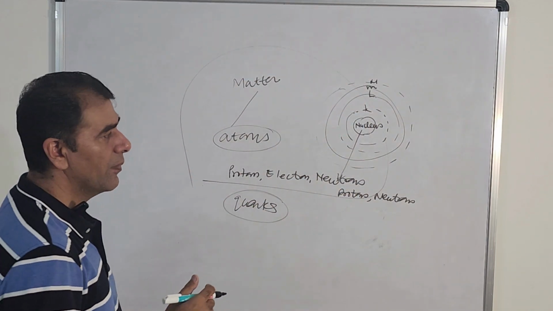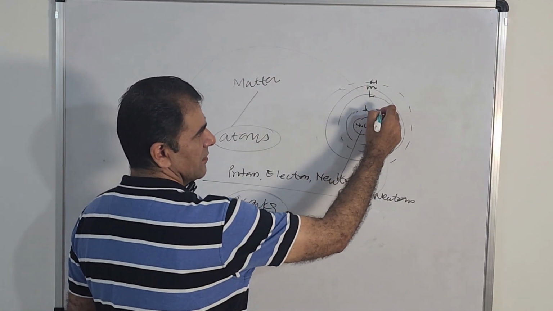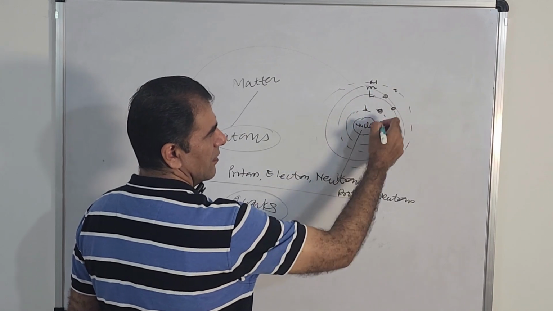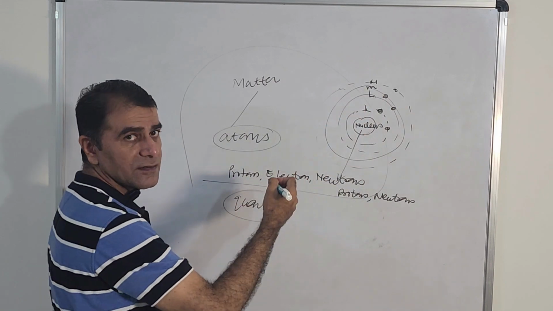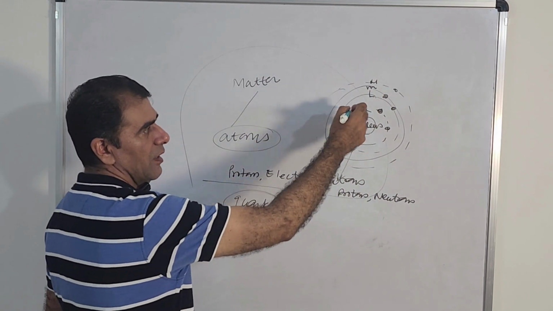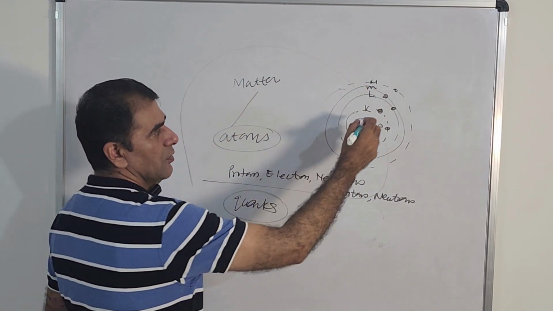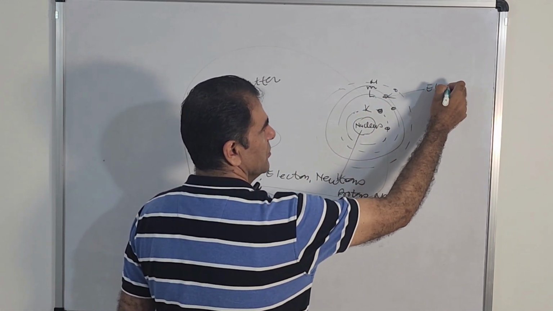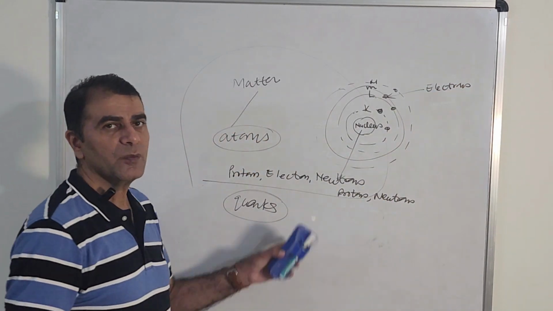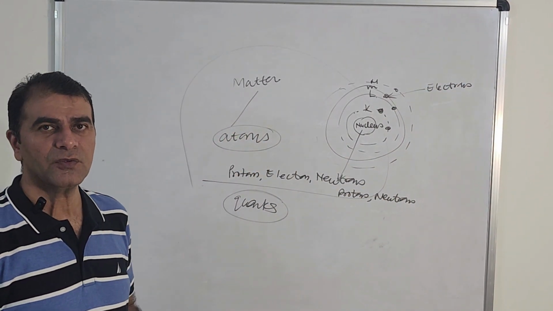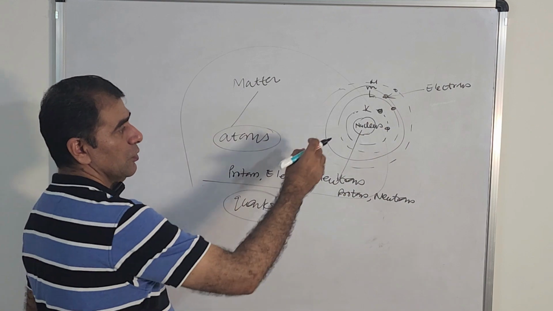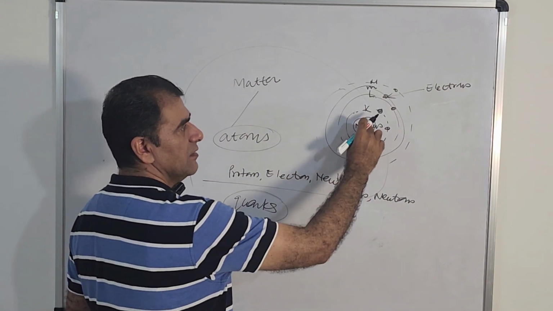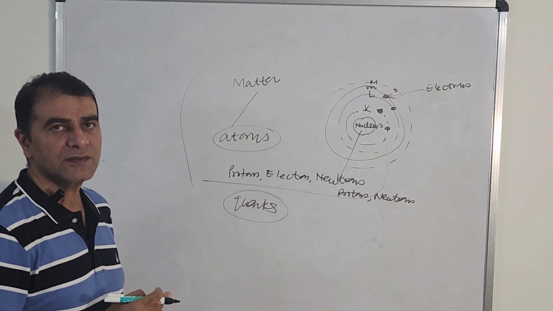In these shells, K, L, M, N, as I have named them, the electrons are revolving around the nucleus in fixed orbits, according to some theory. The total number of protons in the nucleus is equal to the total number of electrons.